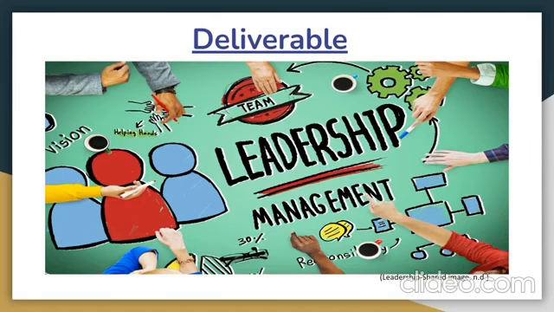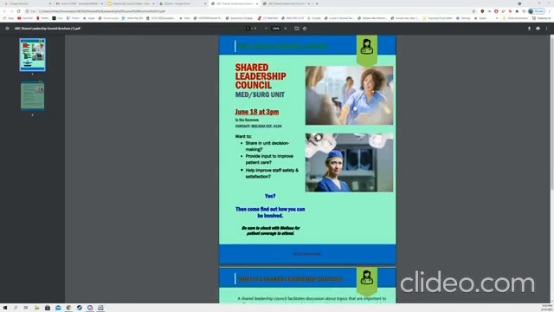So as you can see, here is our deliverable brochure for the Shared Leadership Council. Up here we just have the hospital that it pertains to, Port Angeles Memorial Hospital. We have a bolded headline here, basically just straightforwardly telling you what it's going to be about.